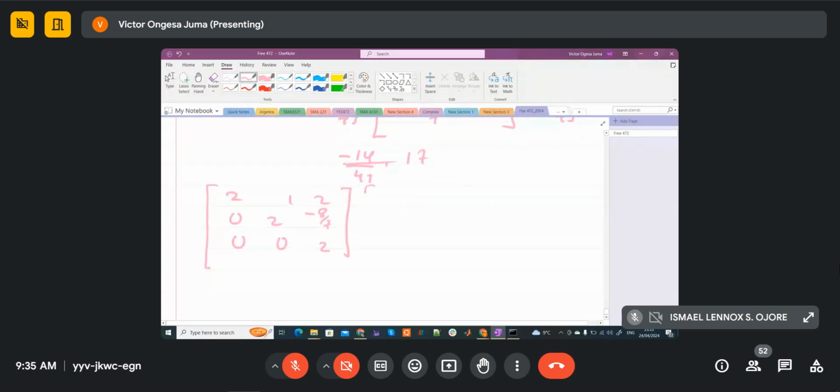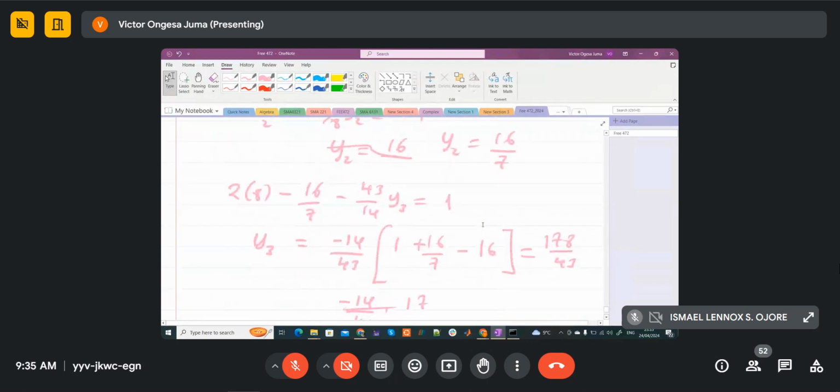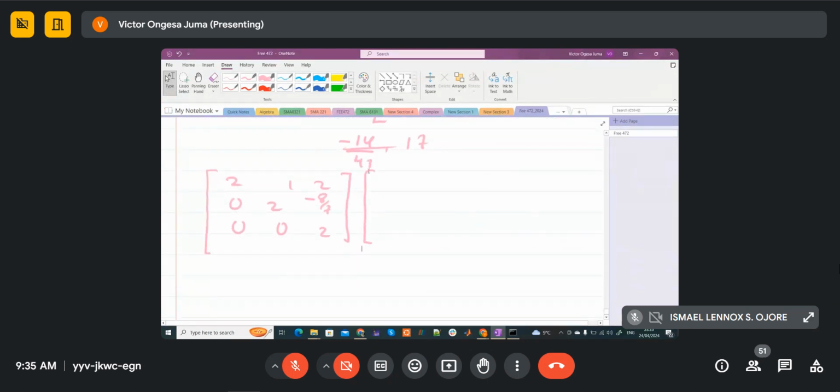And then into y1 is 8. So that is 8. That's 16 over 7. And this is 178 over 43. Then you can now get those values.